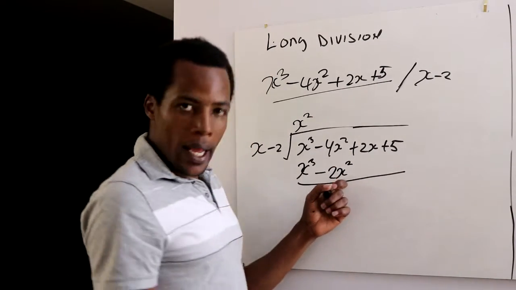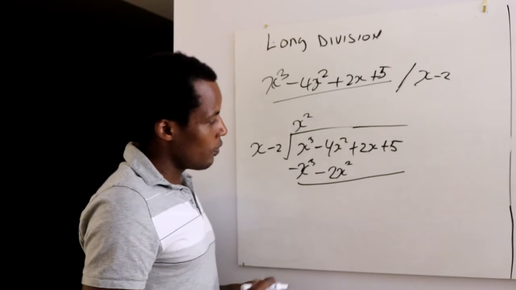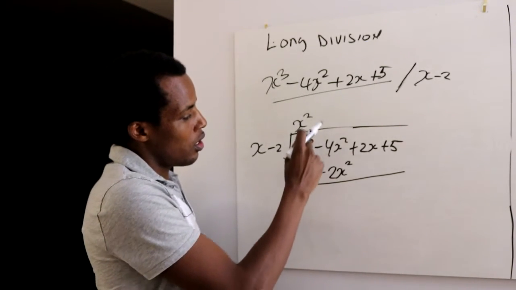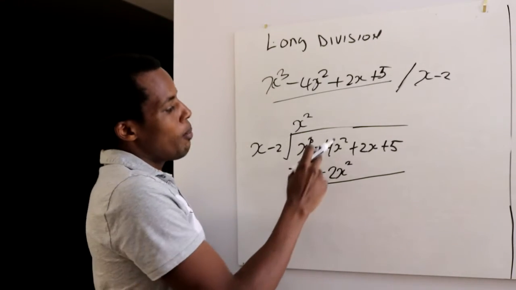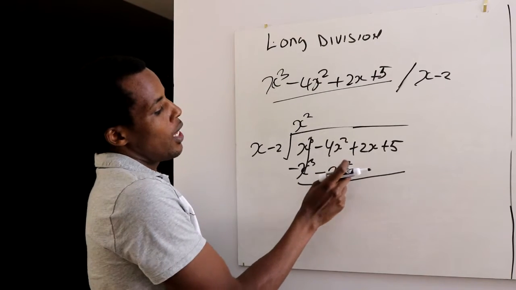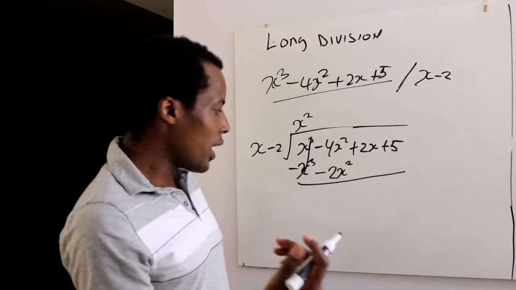Then we subtract the equation. Of course, x cubed minus x cubed is 0. Minus 4x squared minus minus 2x squared is equal to minus 2x squared. How do we get that one?